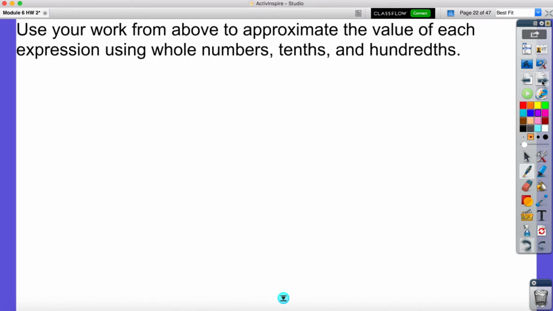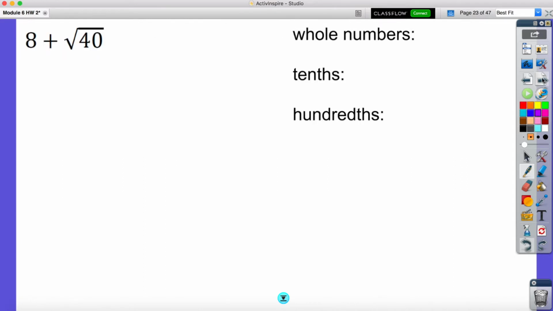So it says use your work above to approximate the value of each expression using whole numbers, tenths, and hundredths. Essentially, anytime I am given a square root, I want to figure out where it lies in between my perfect squares. I have the square root of 1, 4, 9, 16, 25, 36, 49.